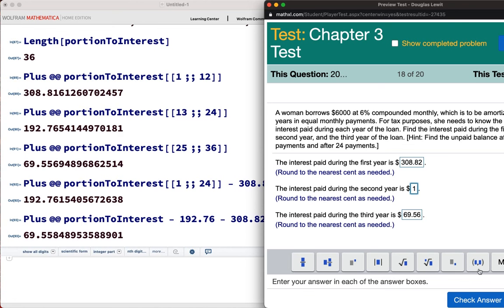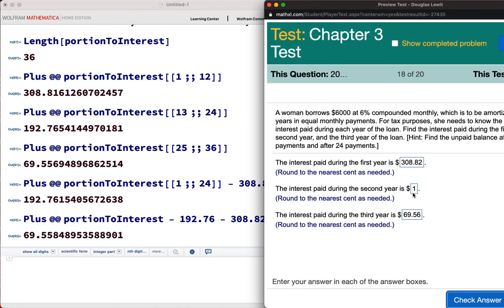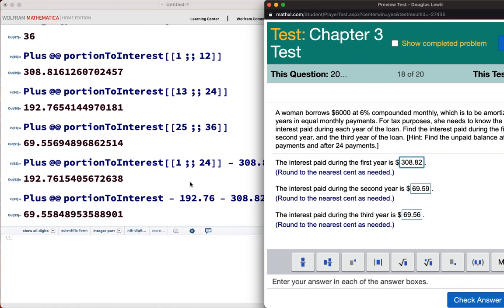I'll write down something ridiculous. Oh, I see. So it accepts this answer of $69.59. Why is it giving me an issue with this first one? This is the answer that it does not like, which is really strange.